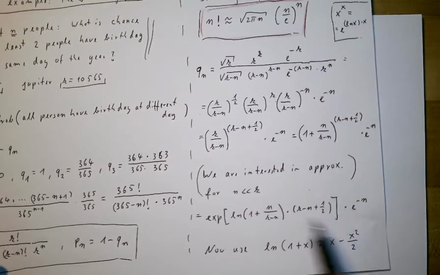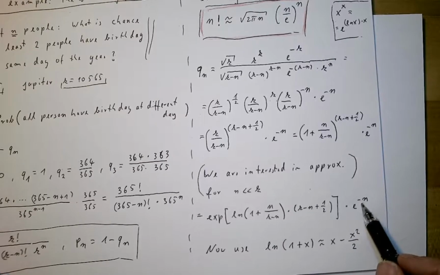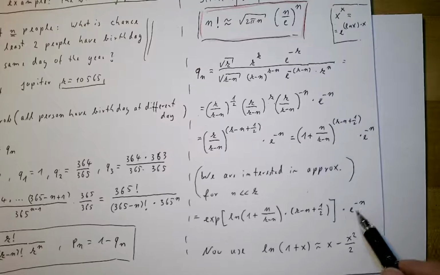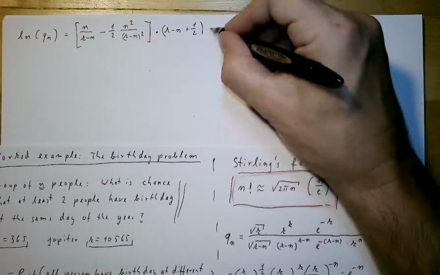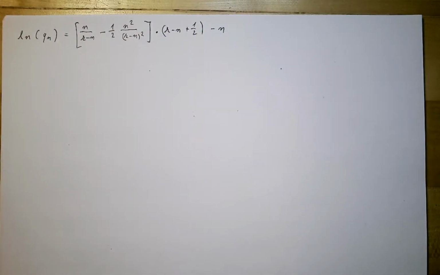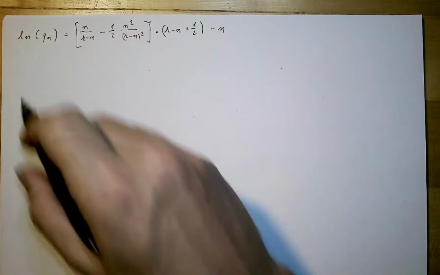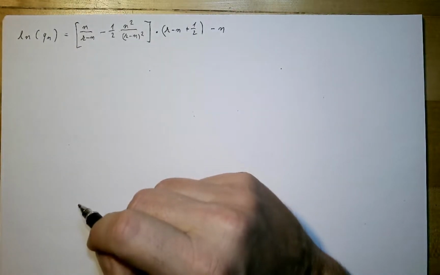And then we had here the whole thing multiplied by e to minus n. And since we now take the logarithm of the whole thing, this means we just have to subtract n. Yeah. So we use the trick that we calculate log of everything so that we have less to write.